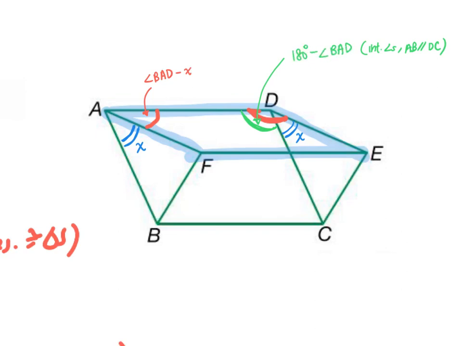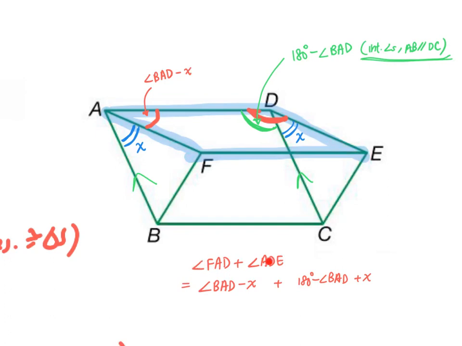The reason is you have one pair of parallel lines given already because ABCD is a parallelogram. So you can say interior angles, AB parallel to DC. So after this analysis, you can look for angle FAD plus angle ADE. Then you can just write down here. And then after that, you will find a very interesting fact. You can see angle BAD cancel away, x cancel away, and the answer is 180 degrees. Then you can draw the conclusion here, interior angle supplementary.